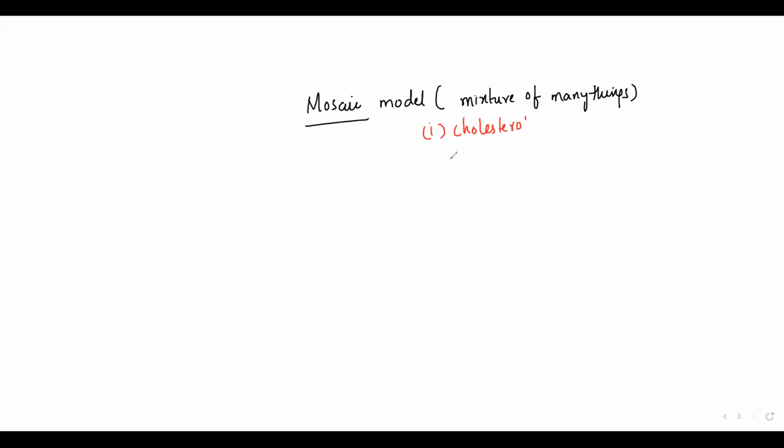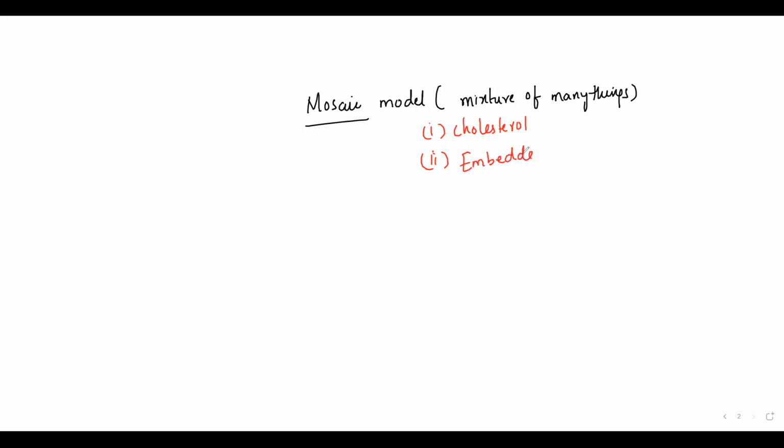So since we are calling this a fluid mosaic model, the mosaic model itself is telling that it has a mixture of many things, children. So what are these many things here? It might be the presence of cholesterol. We may even have many embedded proteins here.